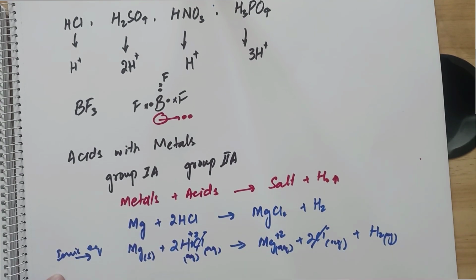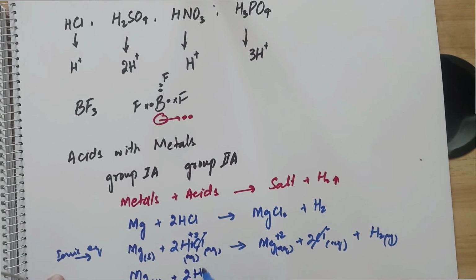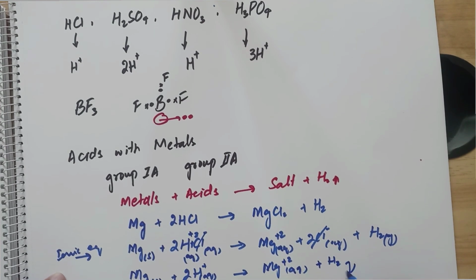We cancel out the chloride ions, and we get magnesium solid plus 2 hydrogen ions in aqueous solution gives us magnesium ion in aqueous and hydrogen gas.